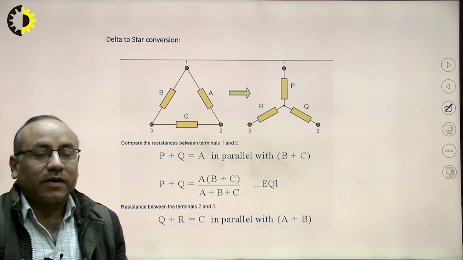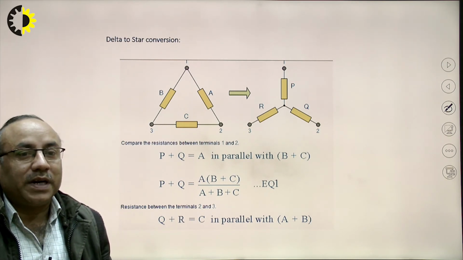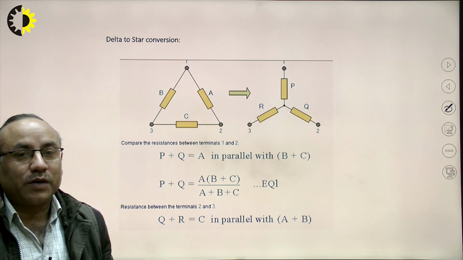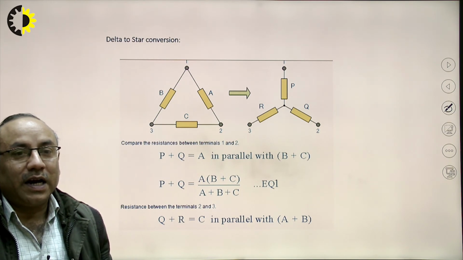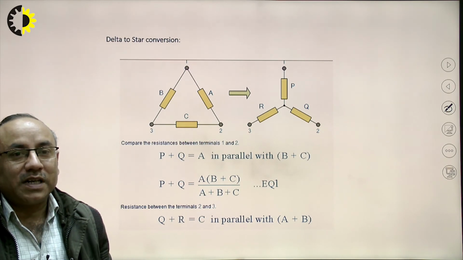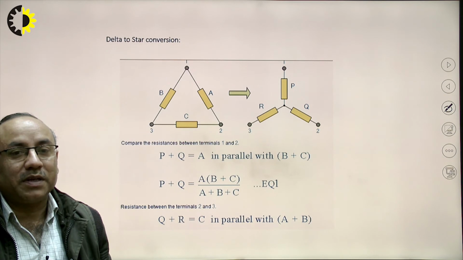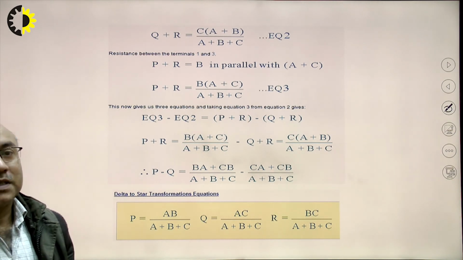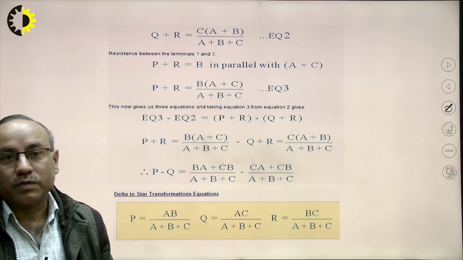Similarly, for the equivalent resistance across terminal pair 2 and 3, in the star connection it becomes the series connection of Q and R, so this is Q plus R. In delta connection across terminal pair 2 and 3, A and B are in series and the combination is in parallel with C. So, we write Q plus R equal to C into A plus B divided by A plus B plus C. This becomes equation number 2.